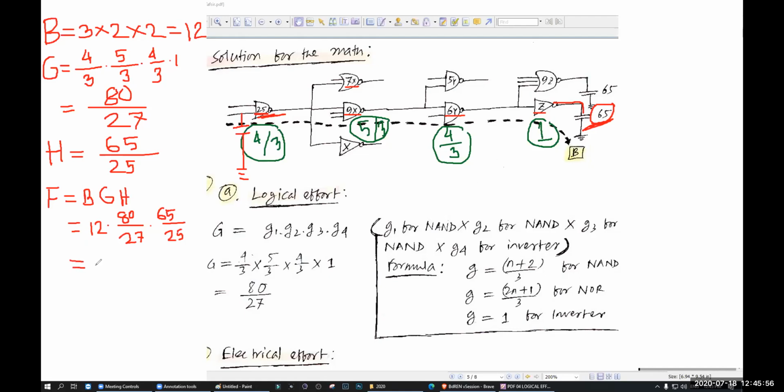The value for that will be 12 into 80 divided by 27 into 25, which is 92.44.